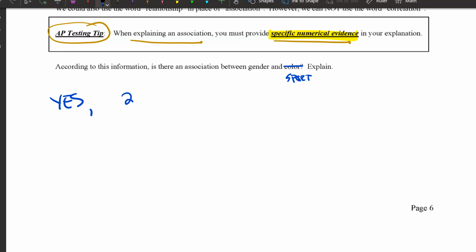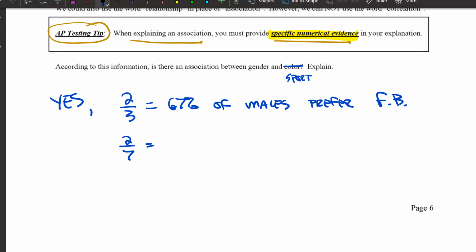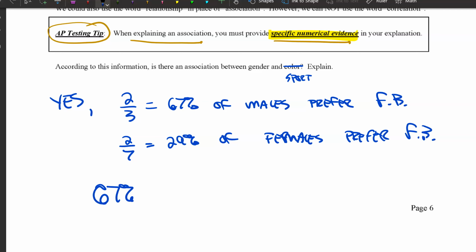So 2 out of 3 equals 67% of males prefer football. 2 out of 7, or 29%, of females prefer football. 67% does not equal 29%.